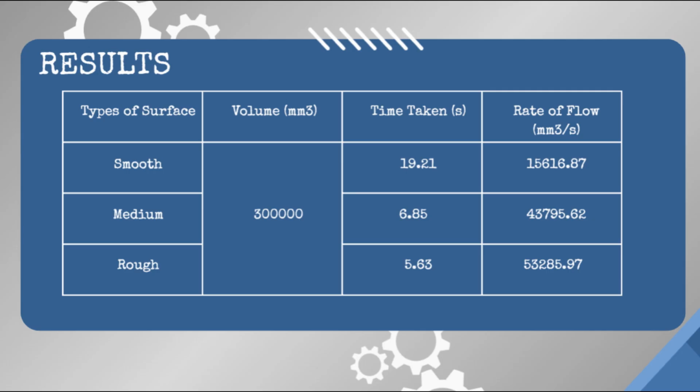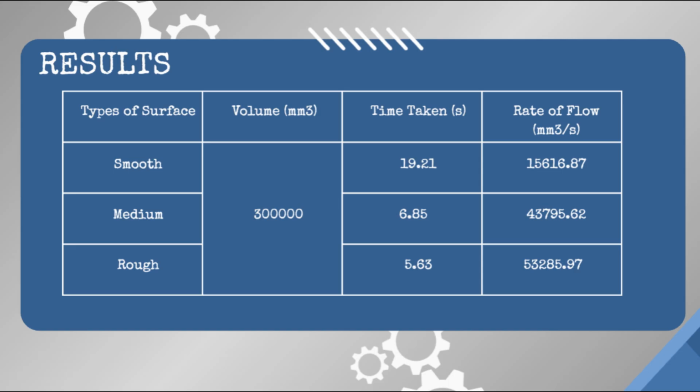This slide presents the experimental results of the outflow test conducted on 3 different surface types, which are smooth, medium, and rough, using a constant volume of 300,000 millimeters cubed. The smooth surface recorded the lowest flow rate at approximately 156,116.87 millimeters cubed per second, indicating slower water discharge and higher water retention on the surface.